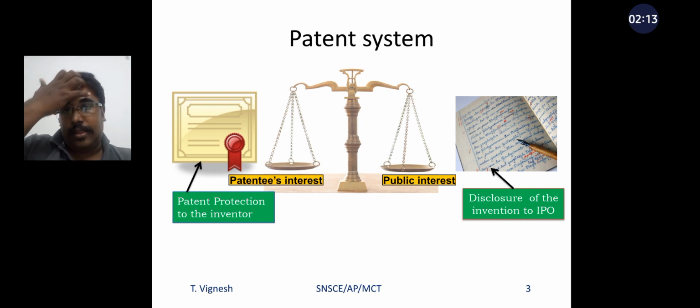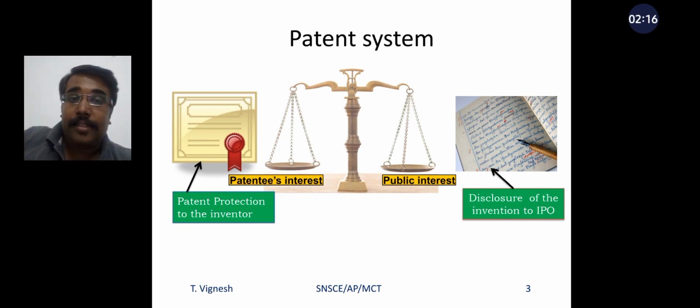So if you see intellectual property rights in India, we are going to talk about the IPR legal rights in India. Likewise, many countries have their own intellectual property rights. Once a patent is filed in a particular region or country, it will be applicable only to that country.